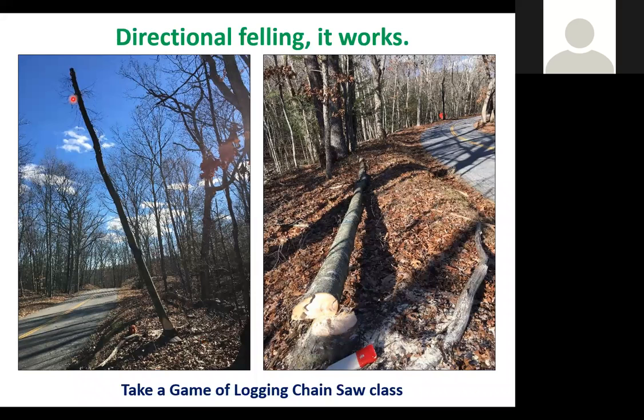That's certainly a safe way to do things from the tree crew standpoint, but it kind of negates the ability to recover any value from a log standpoint. So I was trying to demonstrate for them how you could take a tree with some severe lean like this one that's leaning out over the road, and if you aim your opening notch correctly, if there's 8 feet of lean over here, I want to aim at 8 feet away from where I want it to drop.